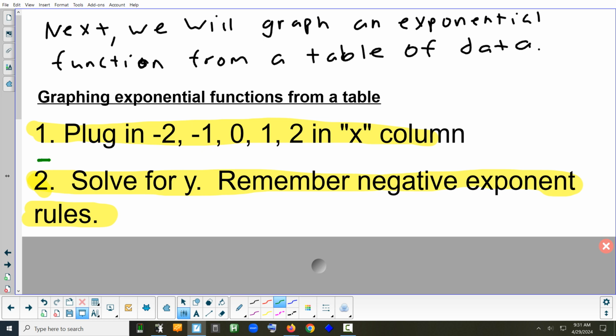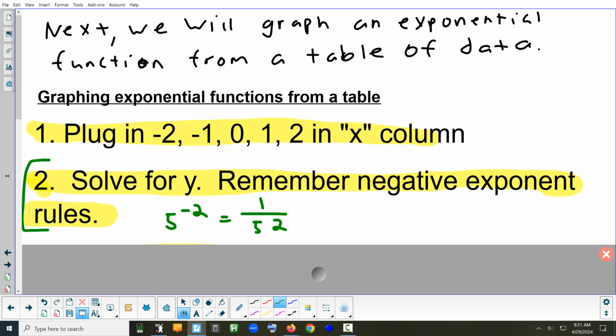And that's what I tried to review in the warm up. So remember your rules for negative exponents. If you have a 5 to the -2, that means you can put it in the bottom as 1/5 squared.